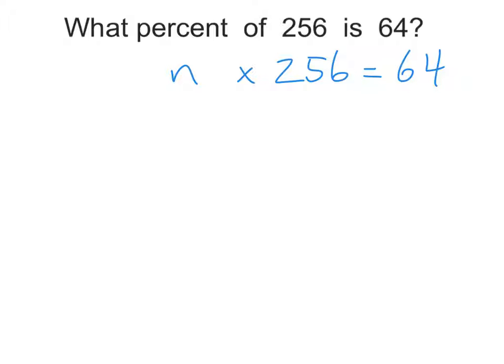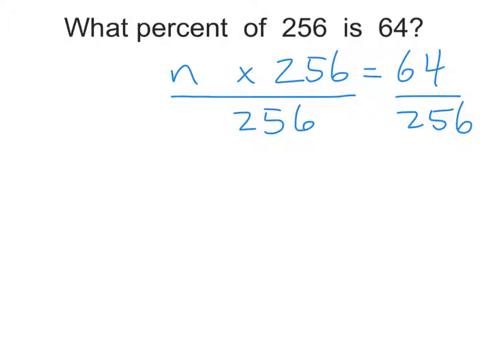If we want to solve for n, we need to get rid of that 256, so we'll do the opposite. We'll divide by 256, and since it's an equation, we have to do it to both sides. Here the 256 cancels because it's on top and bottom. So we have n equals 64 divided by 256, which is 0.25.